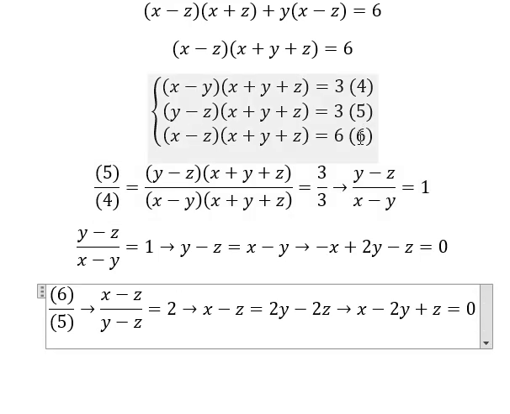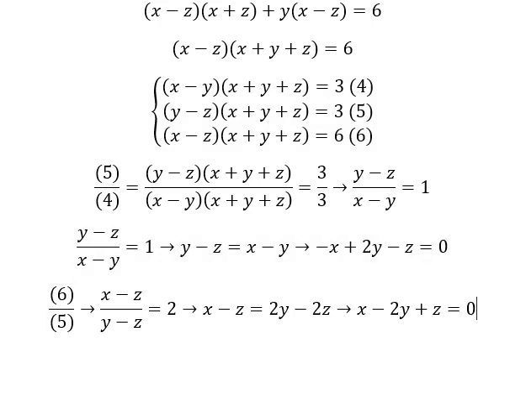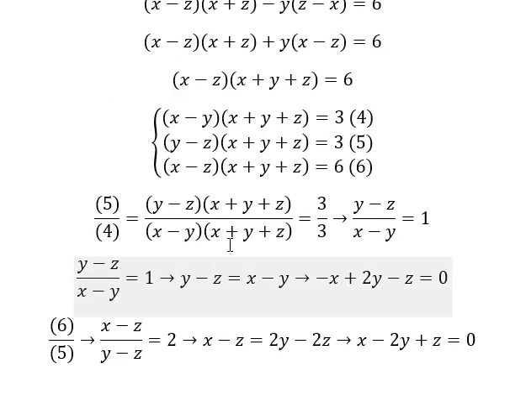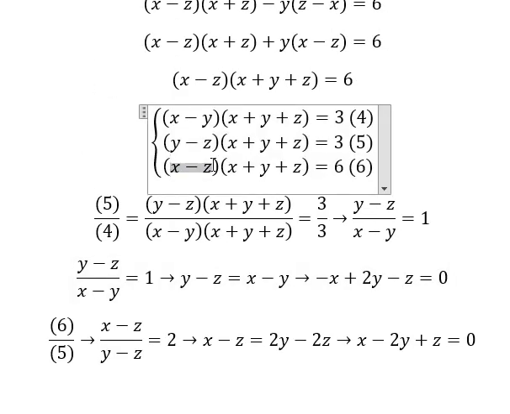Now we go to the last one. That is number 6 divided by number 4. So in this one, we have s minus z divided by s minus y.